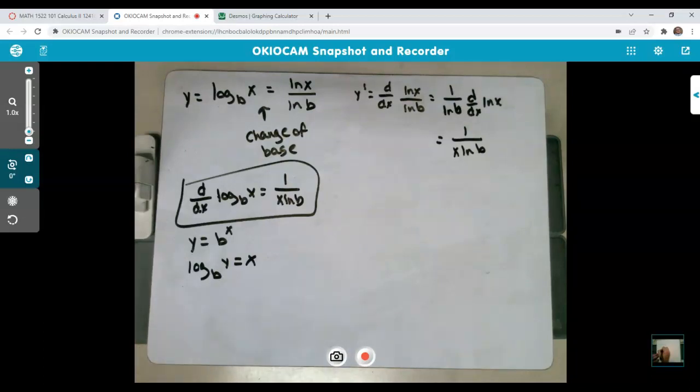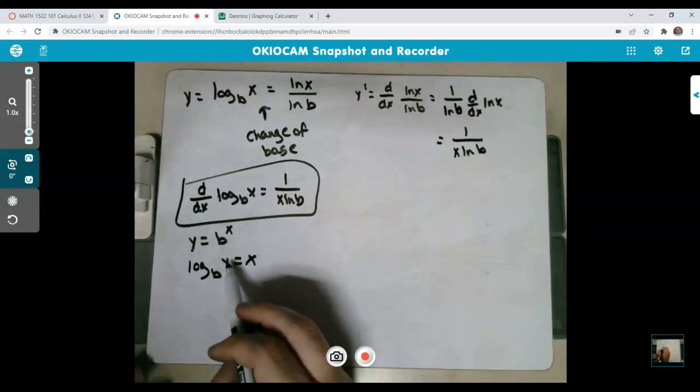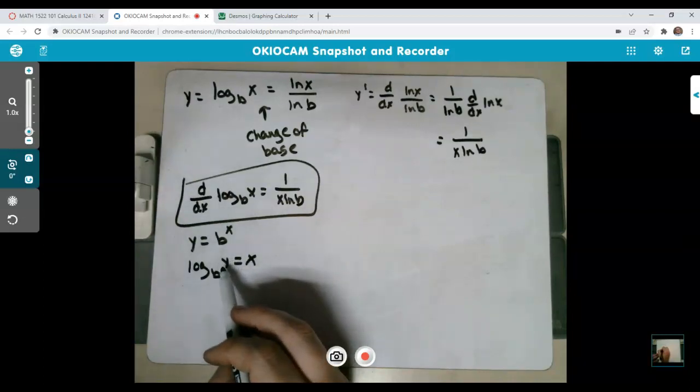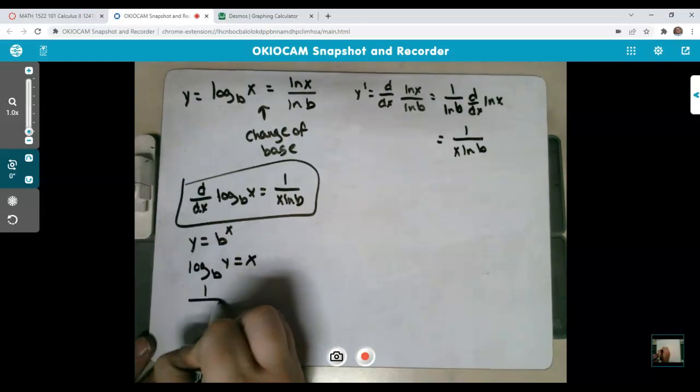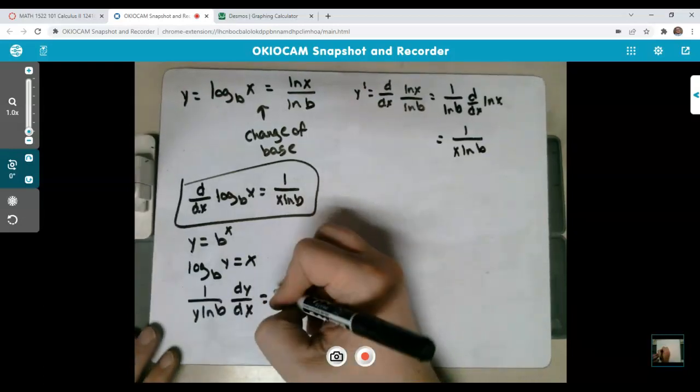So I can take the derivative of this now using what I have here. So log base b of y, I know I'm going to get 1 over y ln of b, but since it's in terms of y, I have to multiply that by dy dx is equal to the derivative of x, which is equal to 1.